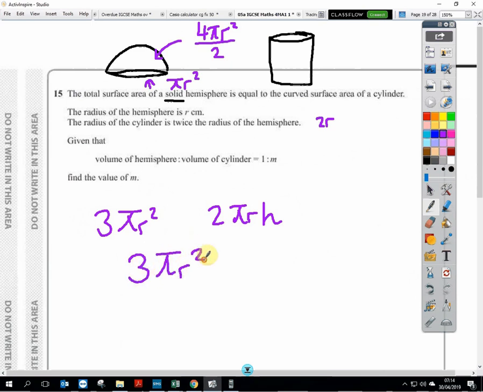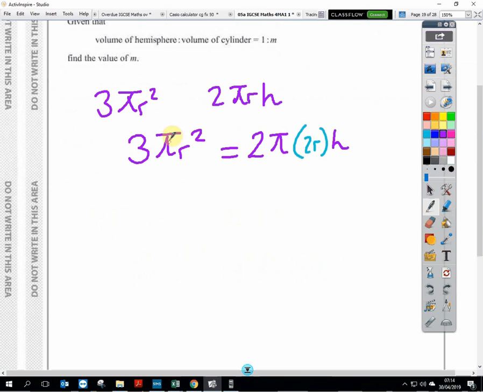So we have 3 pi r squared is equal to 2 pi, and r is not r in the cylinder, it's 2r, times h. Right, what can we do here? Well, we can simplify a little bit. So let's have a go. We can cancel a pi with a pi, that's for sure.